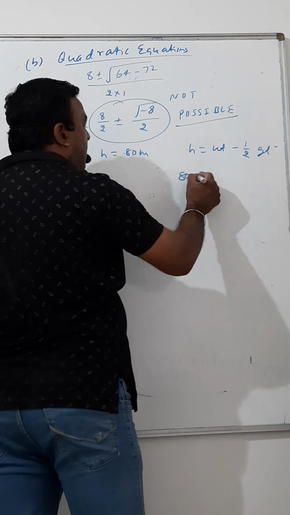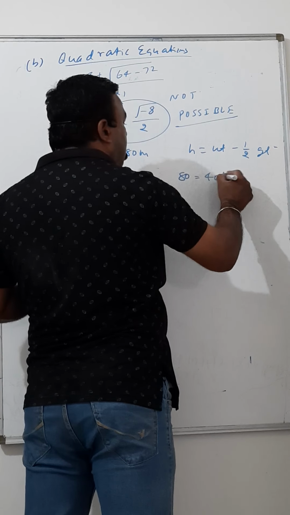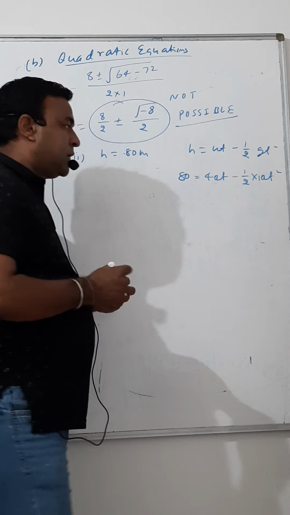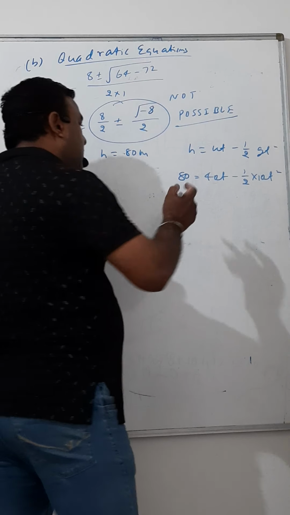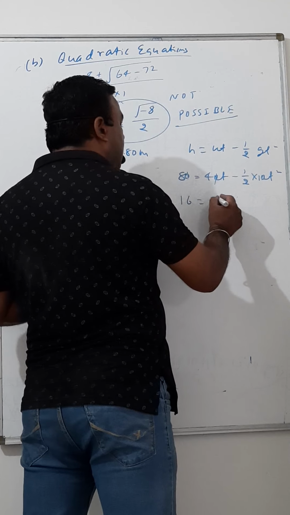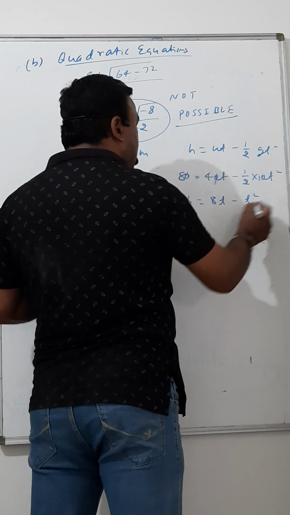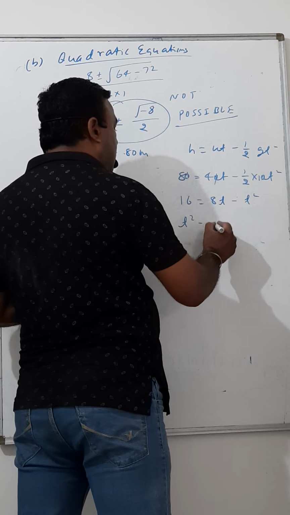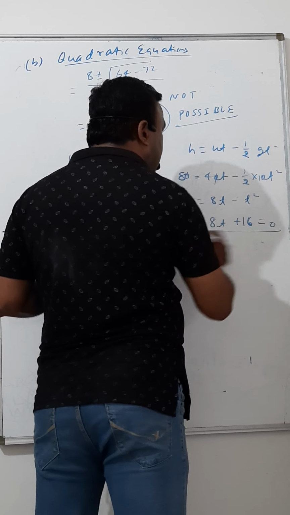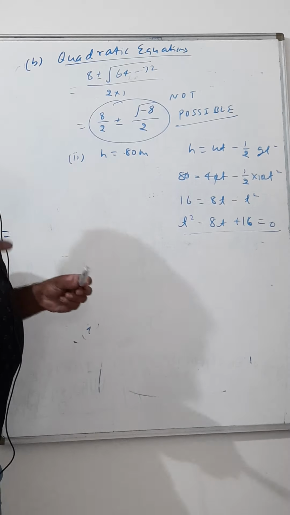H is 80, use 40t minus 1 by 2 times 10 times t squared. Cancelling all the zeros, I have 16 equals 8t minus t squared, so minus 8t plus 16 is equal to 0.